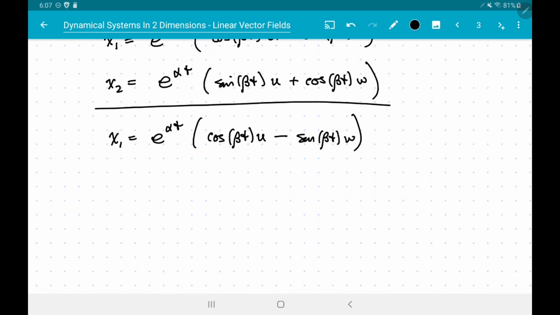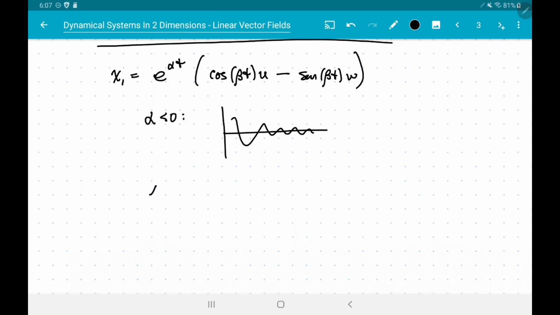So let's suppose, for example, alpha is less than 0. Then x1 is going to have two components, both of which are going to look something like this. They're going to be offset by a phase difference, and the scaling may get a little bit complicated, but roughly speaking, they're going to be oscillating and decaying as time advances.